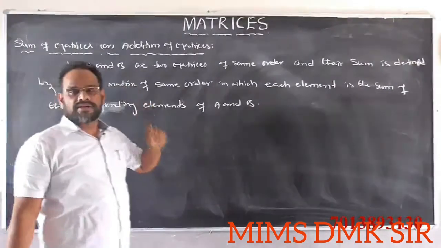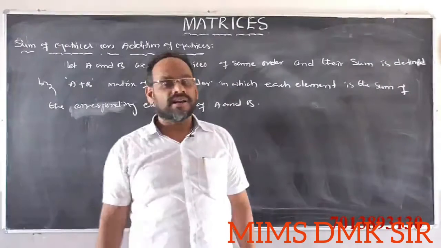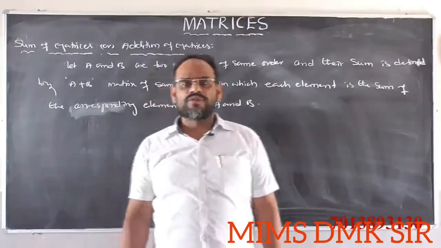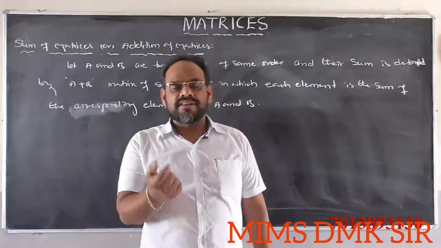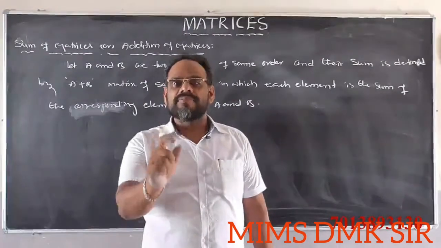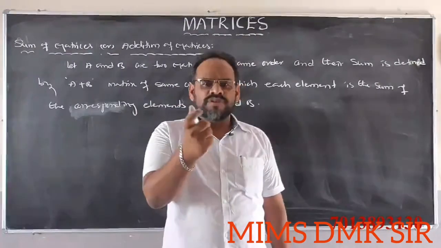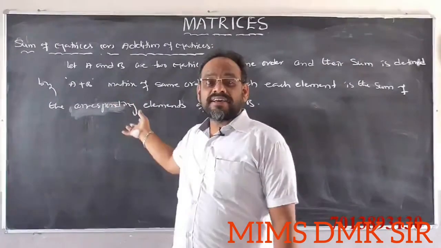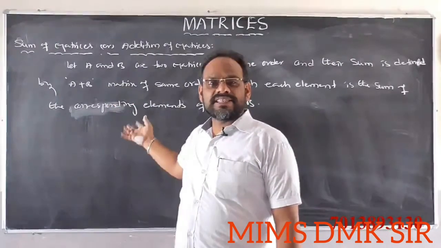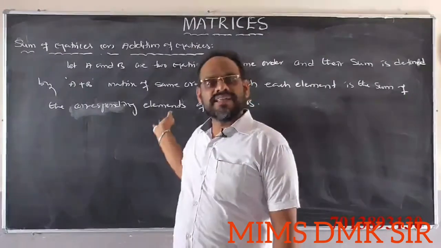Let A and B be two matrices of the same order, order must be equal, and their sum is denoted by A plus B. A plus B is also one matrix of the same order, in which each element is the sum of the corresponding elements of A and B.